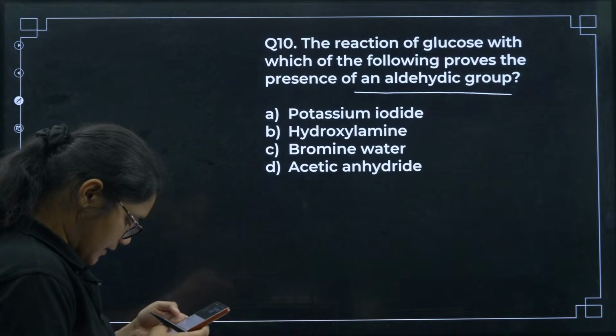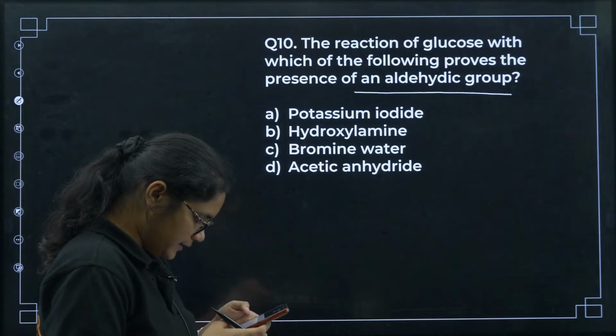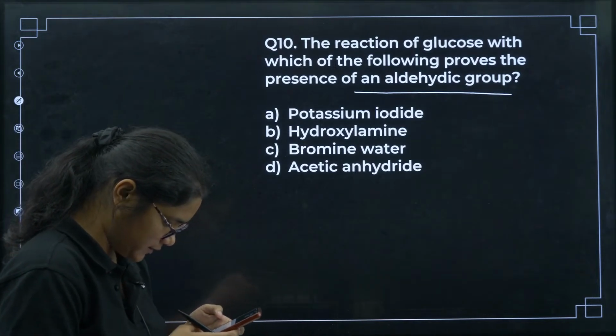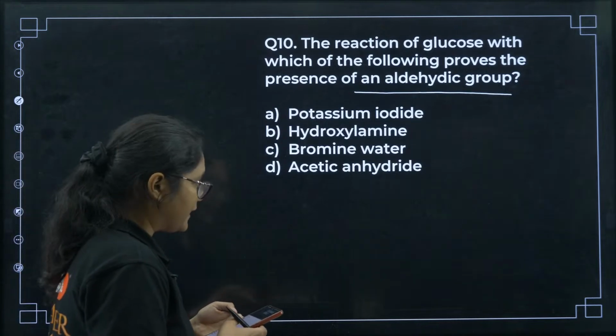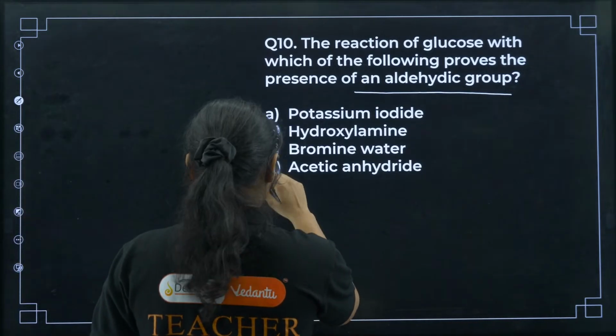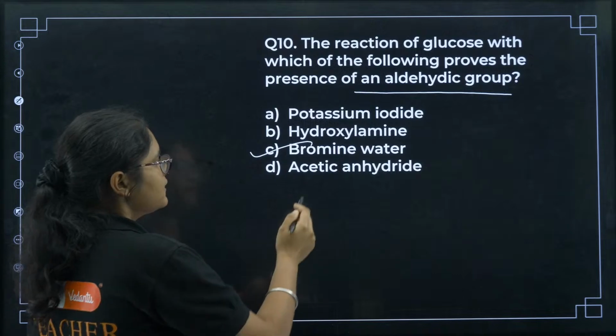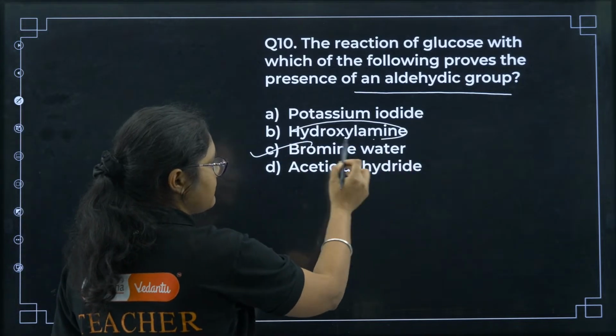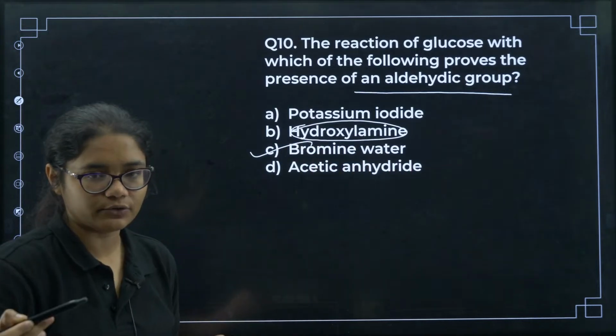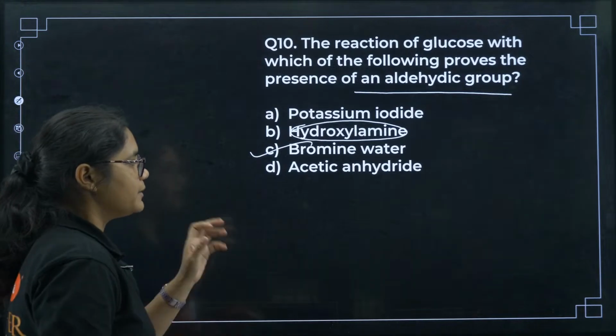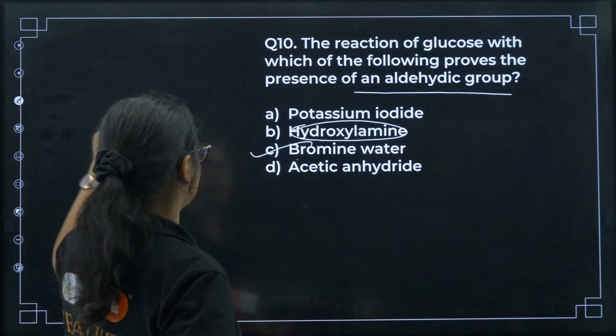Yes, question number 10, 10C. Yes, Revana is correct, bromine water. Okay, so with hydroxylamine, it tells you that there is a carbonyl group. It can be aldehyde or ketone, but the aldehyde confirmation is given by bromine water.